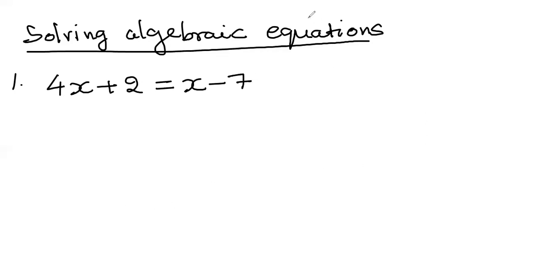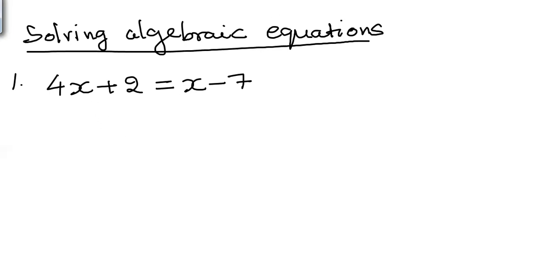In part 1, I had the variable only on one side and then moved the constants onto the right hand side. Here in part 2, we can see that we have expressions on both sides of the equal to sign. So let's see how to solve this.